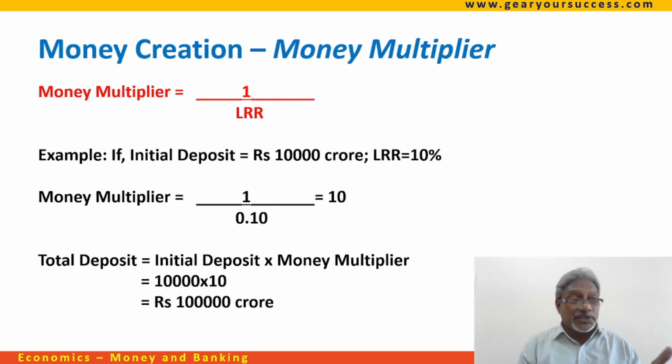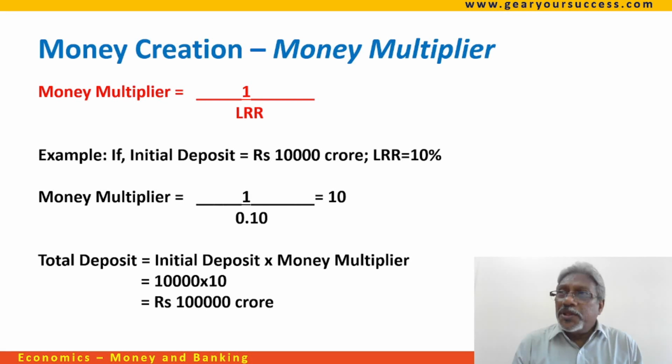That legal reserve ratio can be 10%, 20%, 15%, whatever. So a 2-mark question can be: initial deposit in a commercial bank is 10,000 crores, and the central bank guideline says the legal reserve ratio to be maintained is 10%.